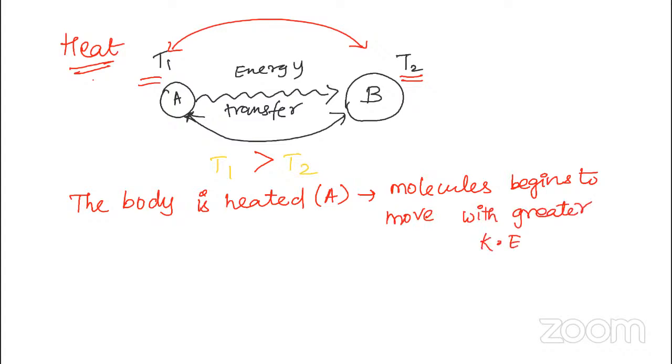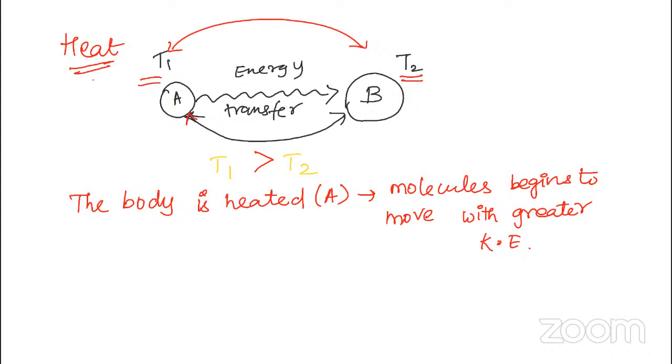An object in a stationary position has potential energy. An object in a moving condition has kinetic energy. So the total energy is the sum of potential energy as well as kinetic energy. Right? So here the molecules are in motion.